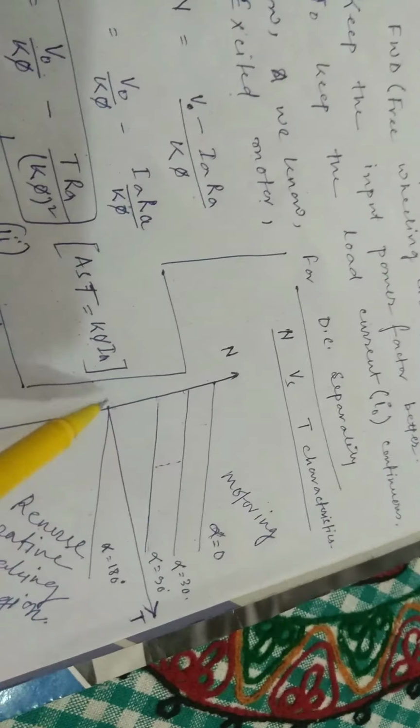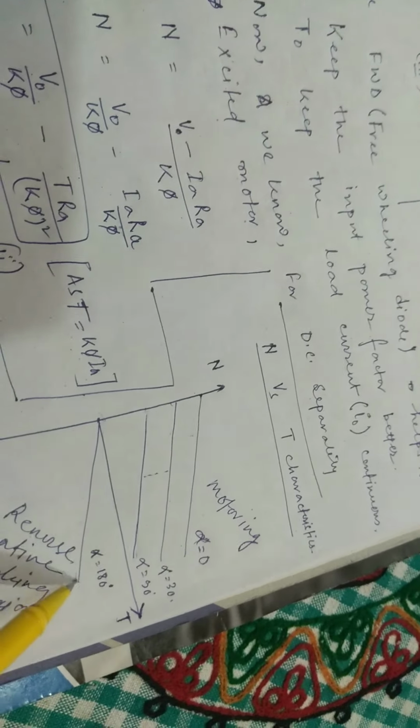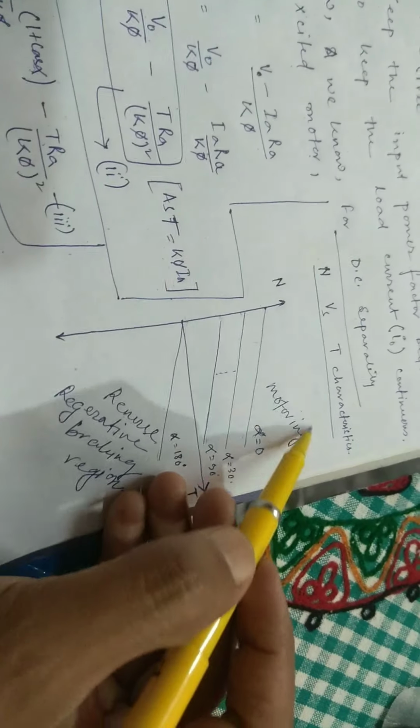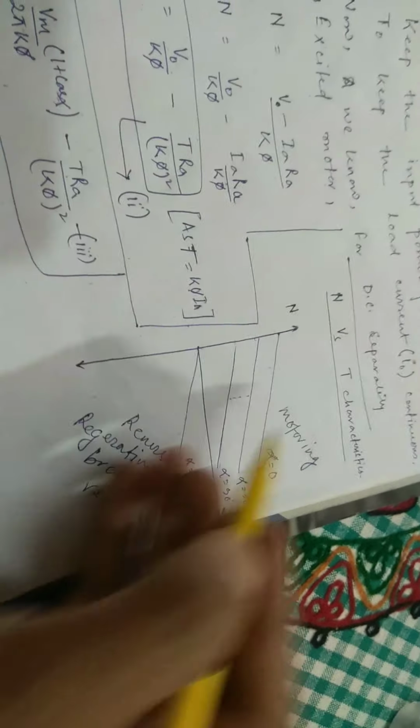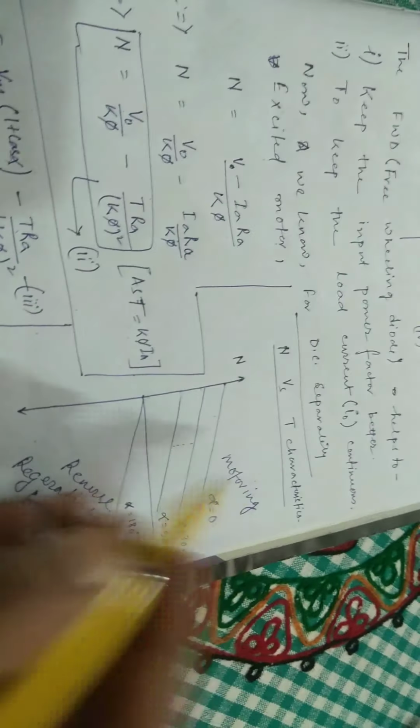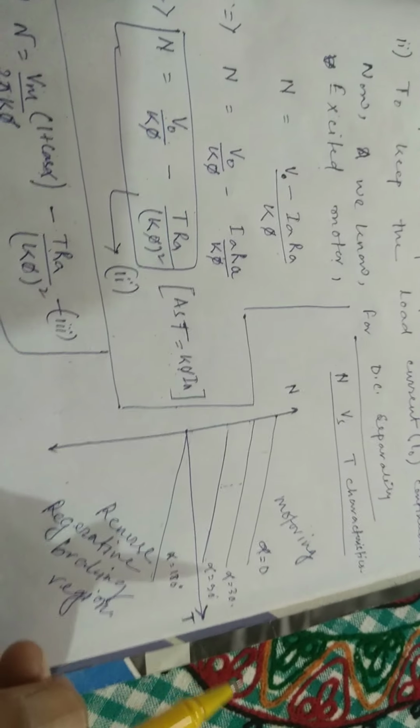So at alpha equal to 180 the no load speed becomes 0, and it gradually goes to a negative value with increasing torque. So this is the motoring region, and this is the reverse regenerative braking region. As we know, the first quadrant offers the forward motoring region, and the fourth quadrant the reverse regenerative braking region.